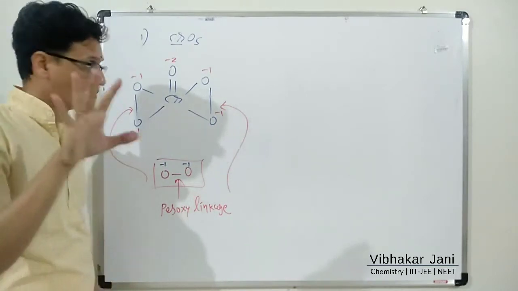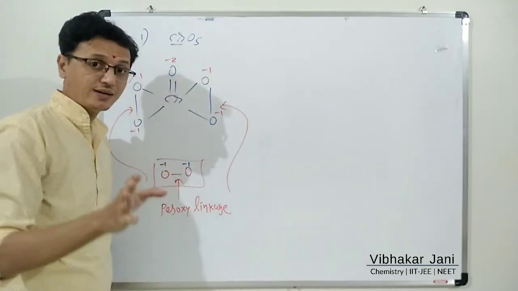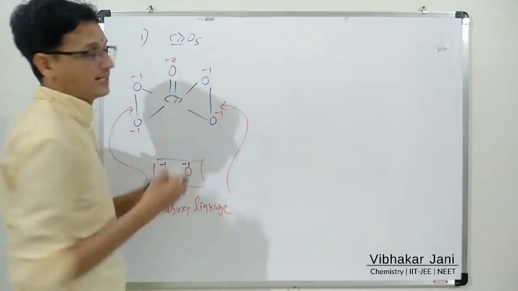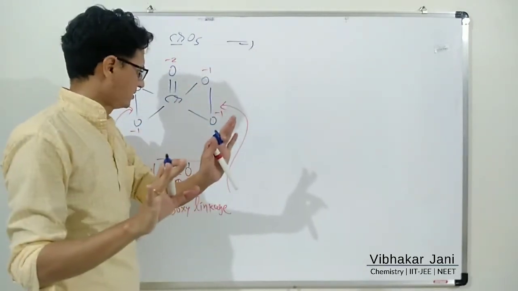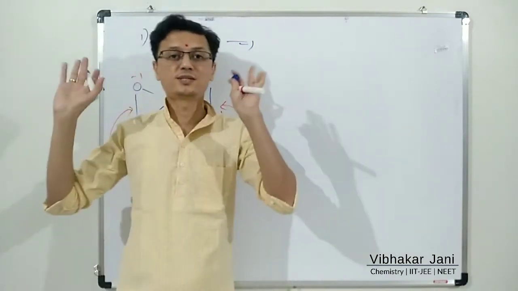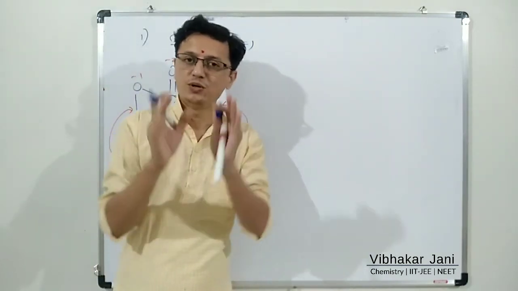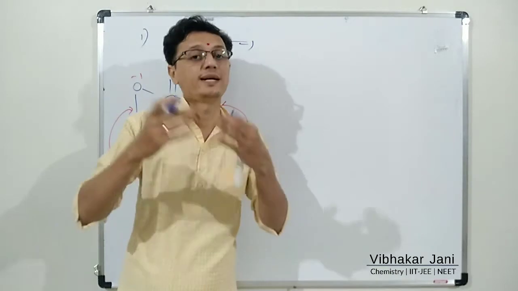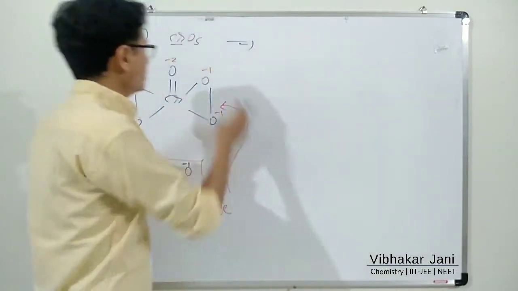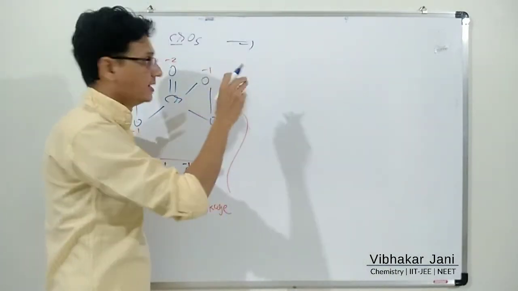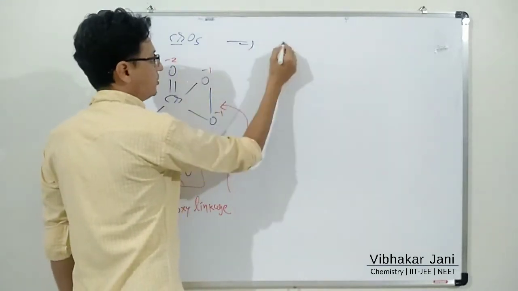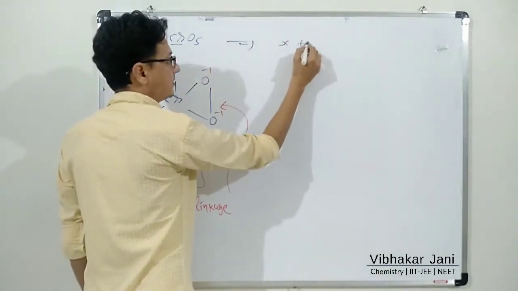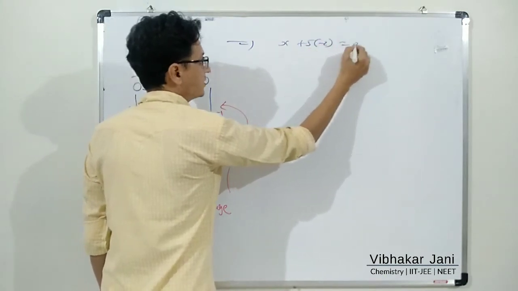But if you do not know the structure, you will calculate it like this. Let's assume we do not know the structure of CrO5 and we know only the rules we learned in our previous video. For chromium, let us assume x, plus 5 multiplied by -2, is equal to 0.